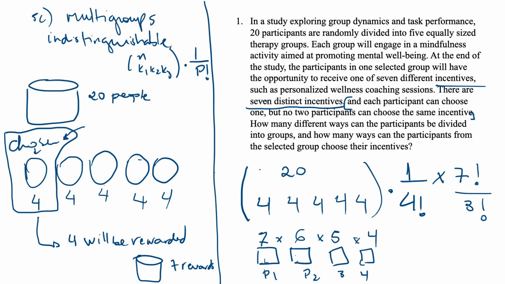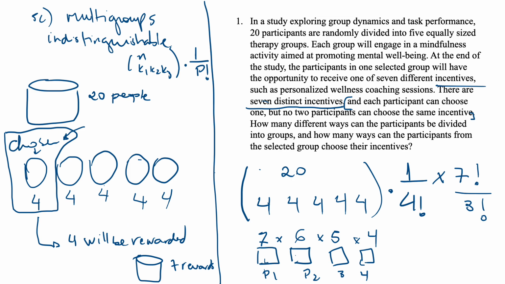Last year, I wouldn't say that it was too many students, but some of them gave the answer like this. Let me show you here. They took 20, divided into 5 groups of 4, okay?